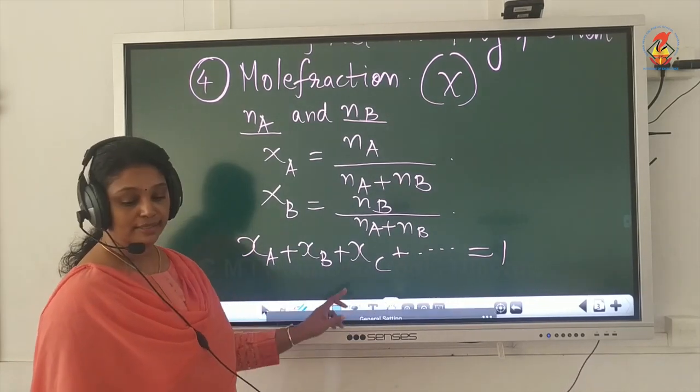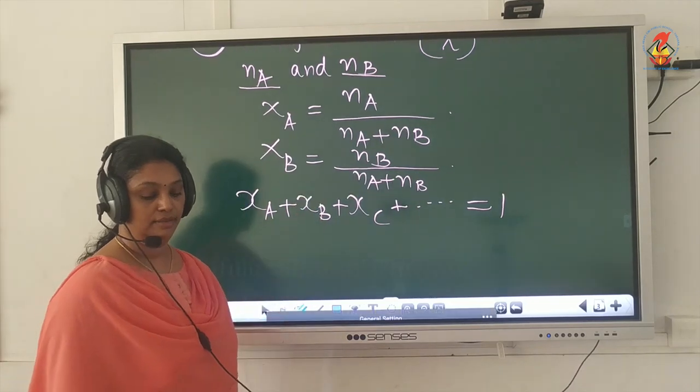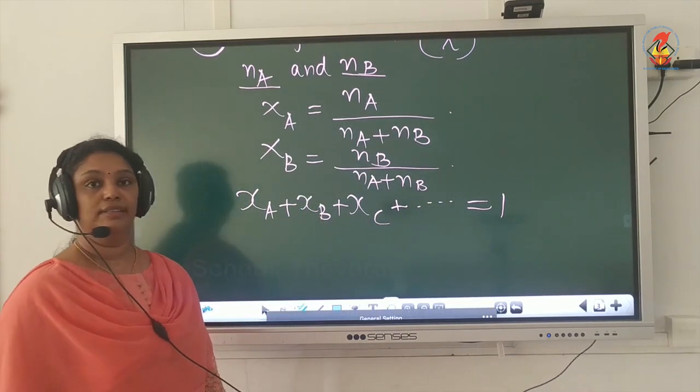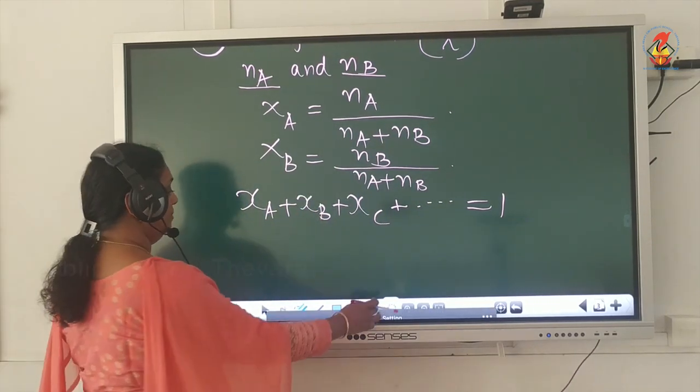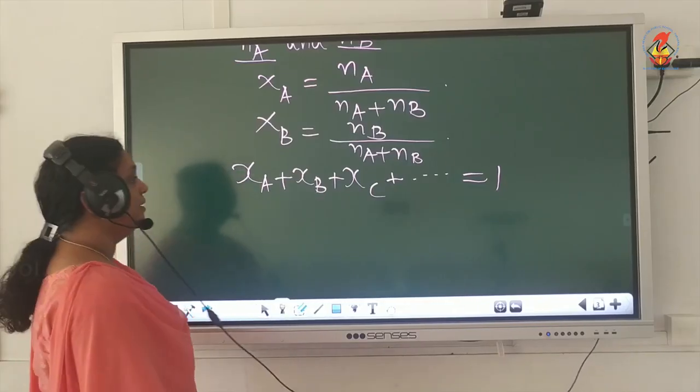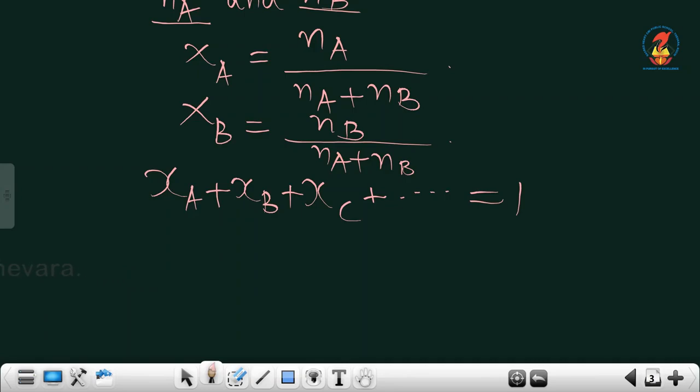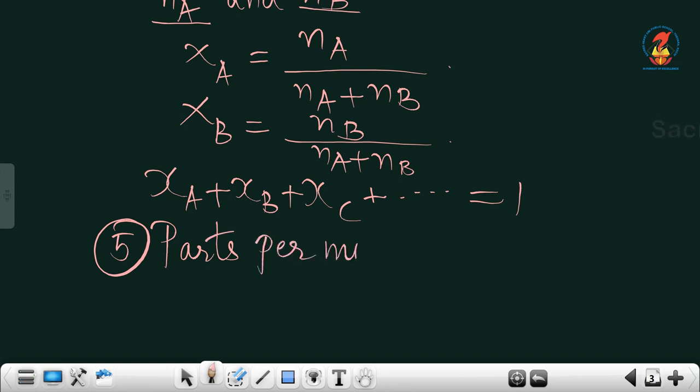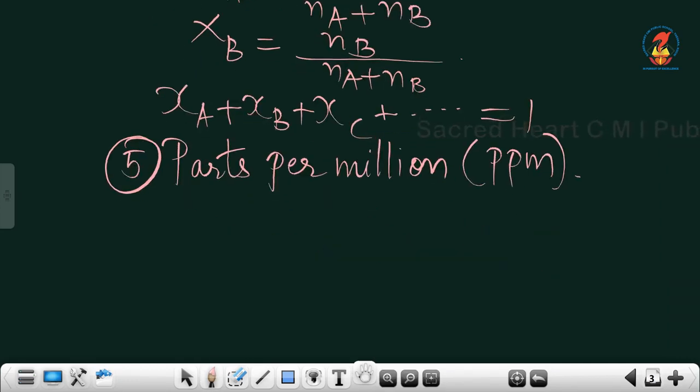Now, the next concentration term used is parts per million, or the short form is ppm.